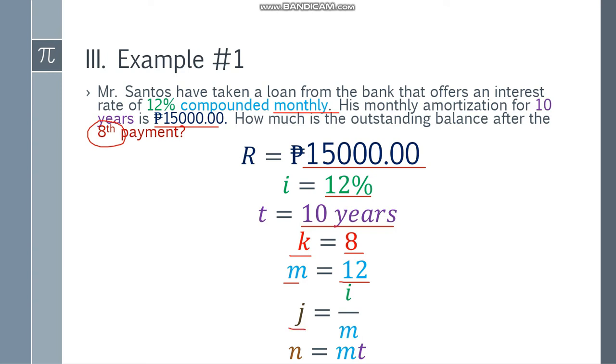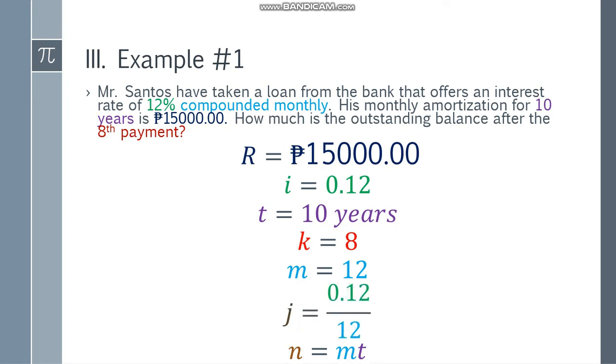Ang j naman natin, para mahanap ang j, that will be i over m at ang n is equal to mt. Now, palitan mo muna yung 12% into decimal form. That will be 0.12. Pag napalitan mo na, pwede mo na makita yung j. So, j is equal to 0.12 over 12, kasi i over m.